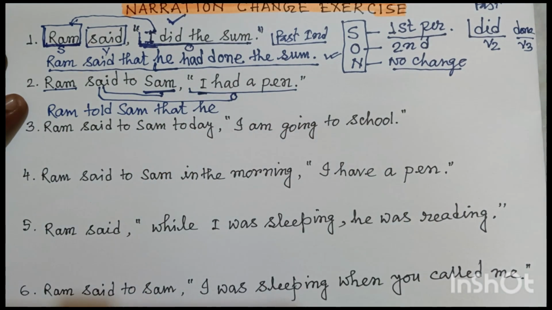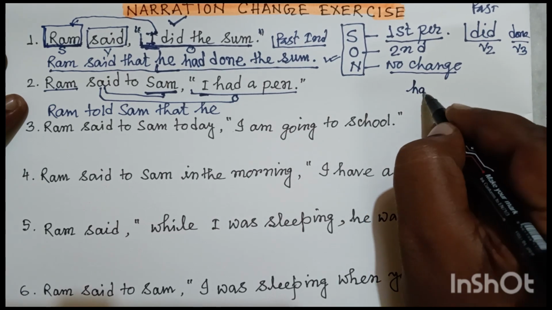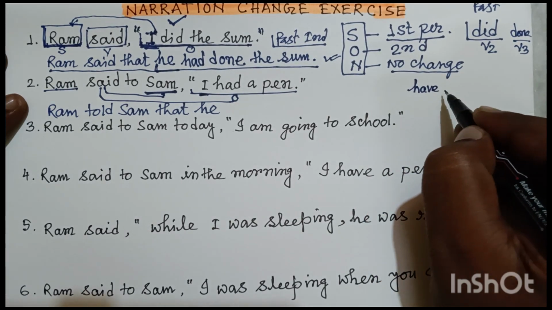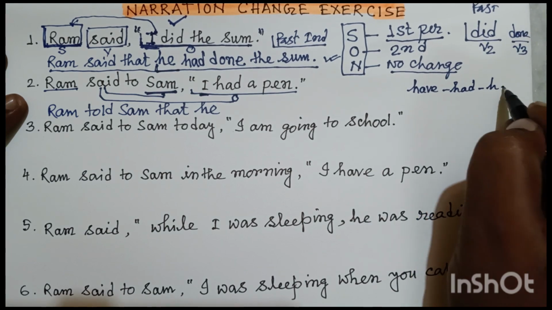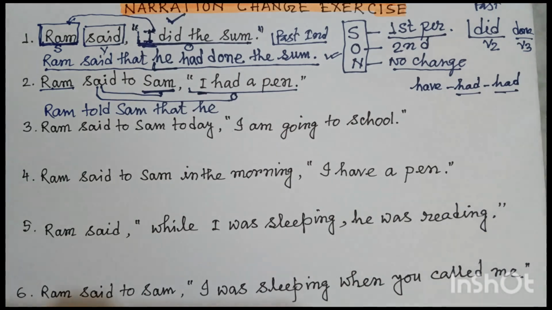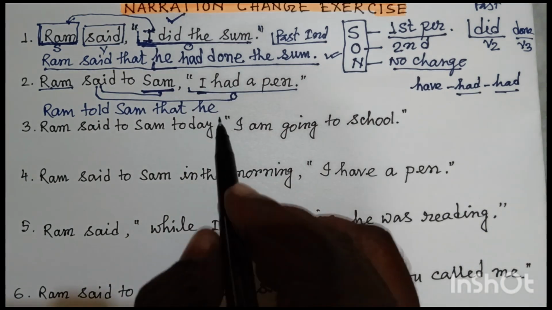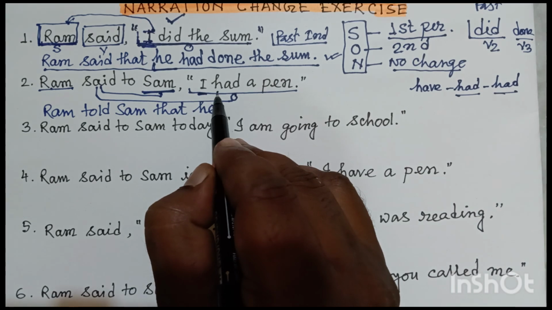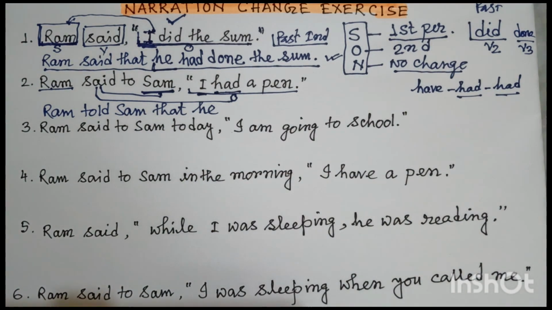Now had. Friends, you can see had is the past form of have. Past form is had and past participle is also had. This is a little bit tricky, but you have to understand the situation. Friends, here had is not the auxiliary verb.